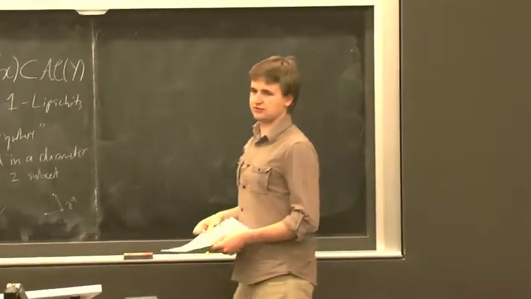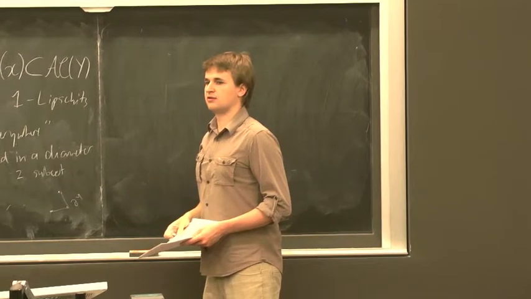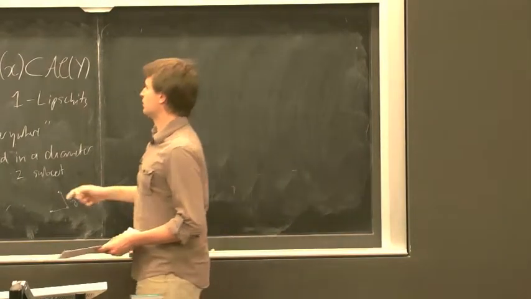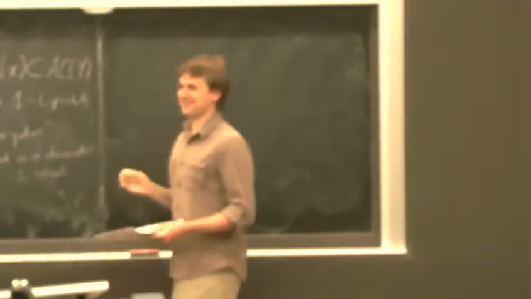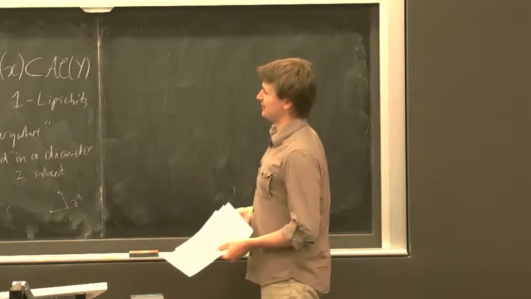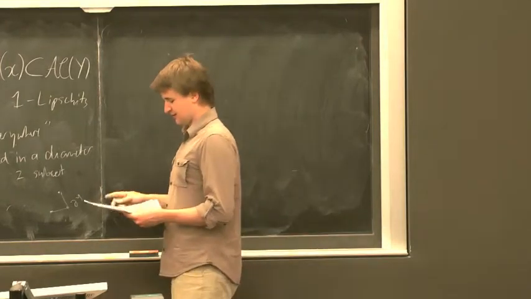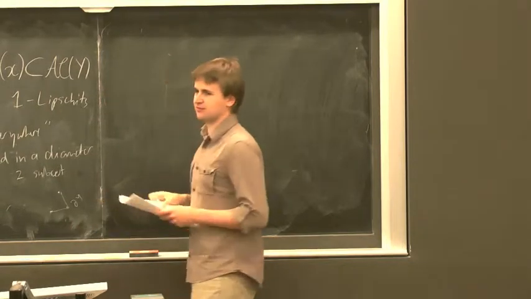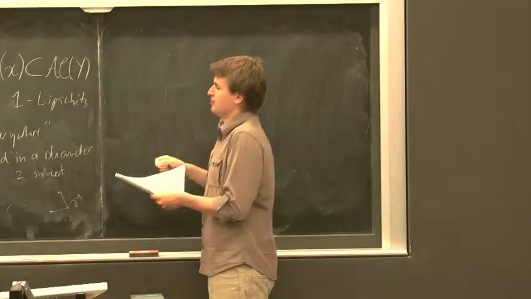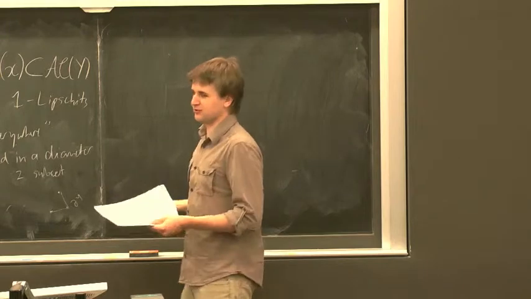So the image is not an element in the arc and curve graph, it's a subset, but it's a diameter 1 subset. So it's a bit like a point. This stuff isn't about being really exact, we're just doing the coarse geometry.